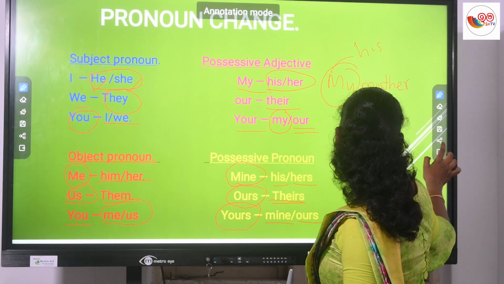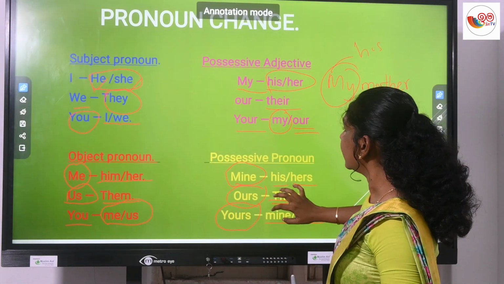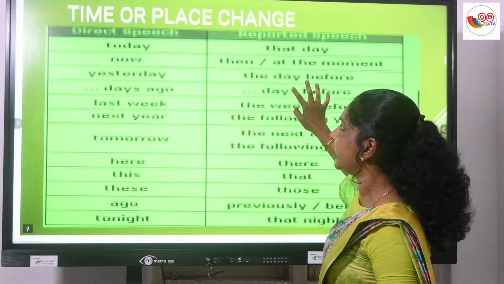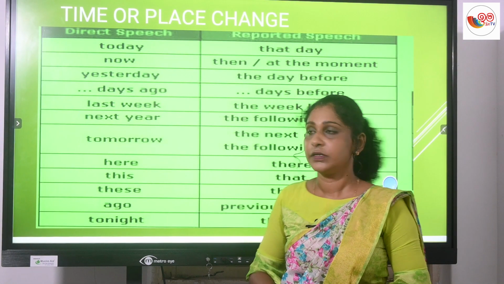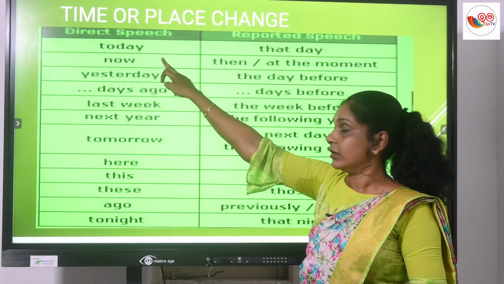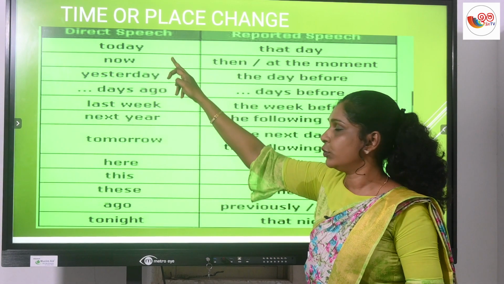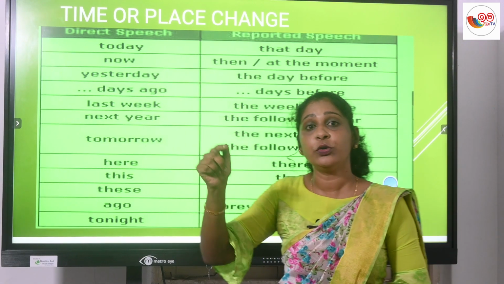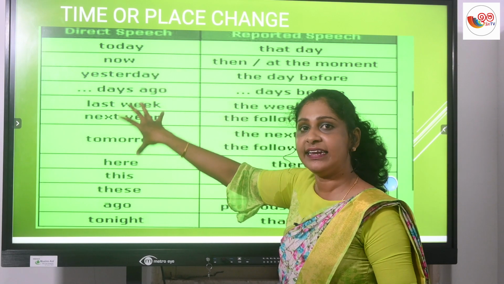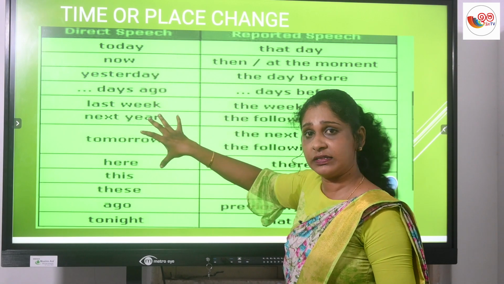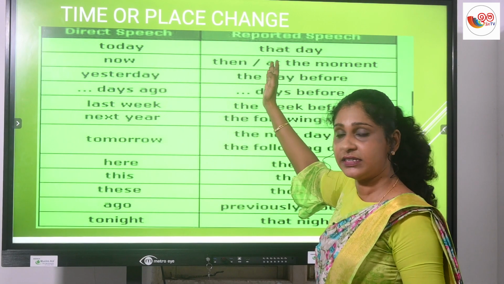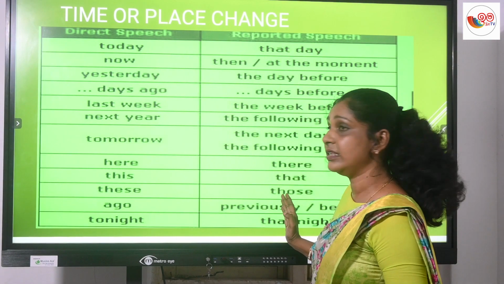Let's move to the next change. It's about time or place change. So look at this chart. These are some words you can find in your direct speech. If you find these words in your direct speech, simply change them this way.